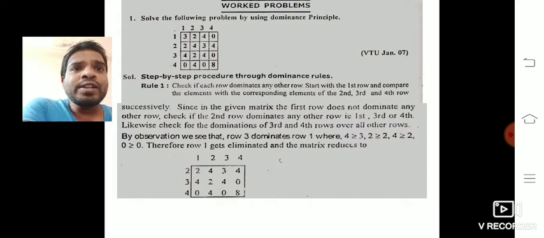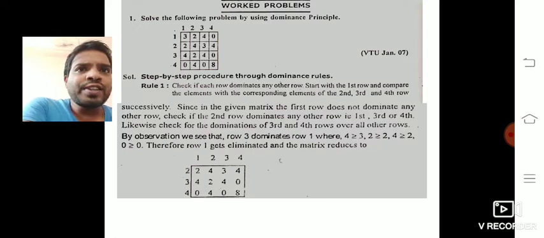Here, can you tell me, apply the first rule for the first row and second row, third and fourth, or all other rows.